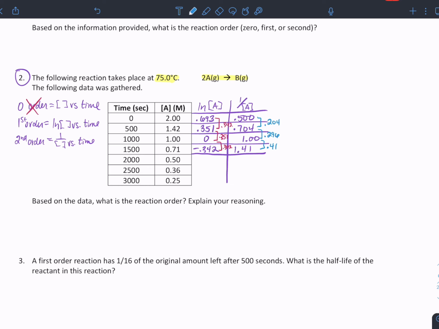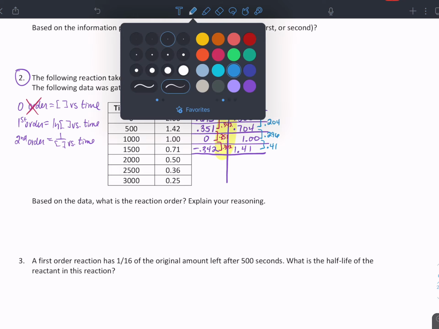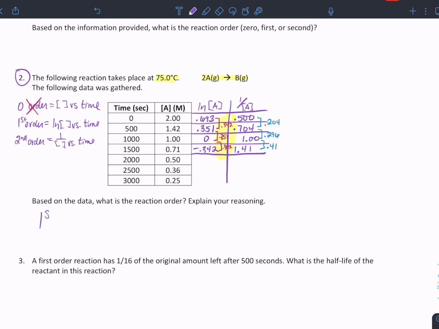Okay, so what we can see is that we have a constant or a steady rate of change for our natural log of concentration versus time, which tells us that this is going to be a first order reaction.